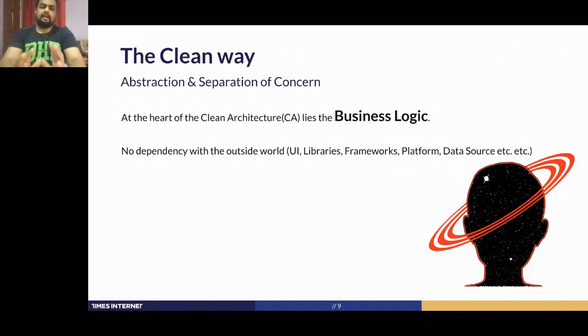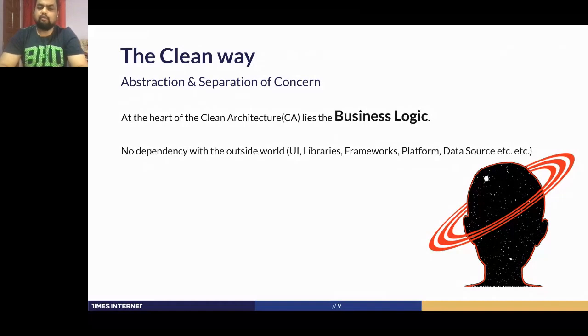If I talk about clean architecture, majorly it revolves around abstraction and separation of concern. This has been the main motto of clean architecture, where you will find lots of abstractions and definitely there will be separation of concern. At the heart of clean architecture lies the business logic.